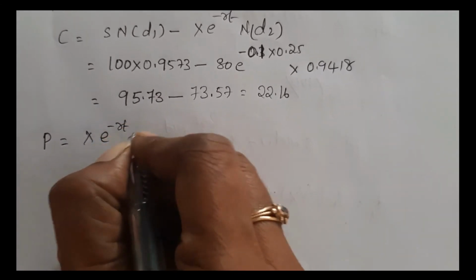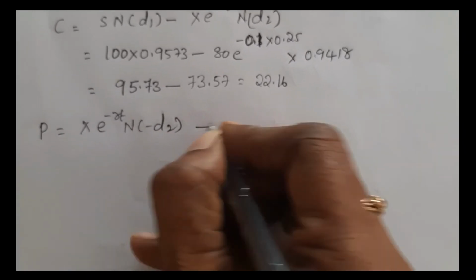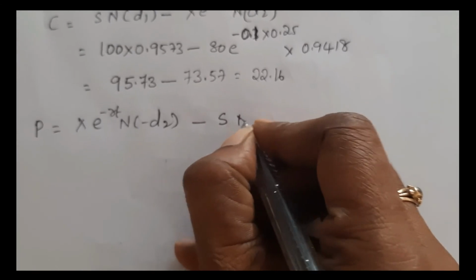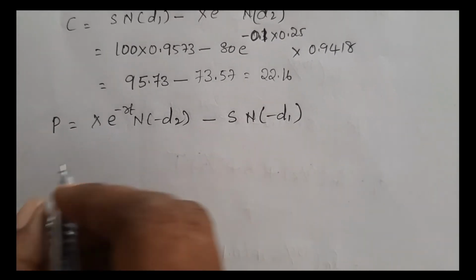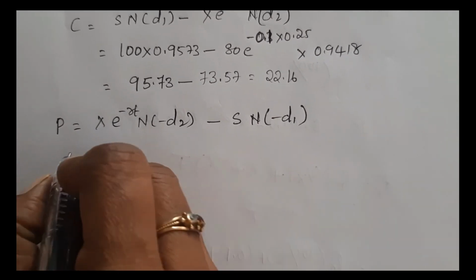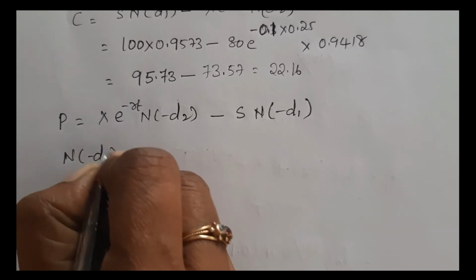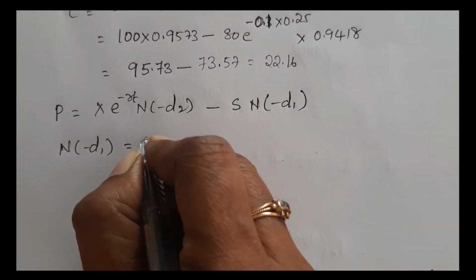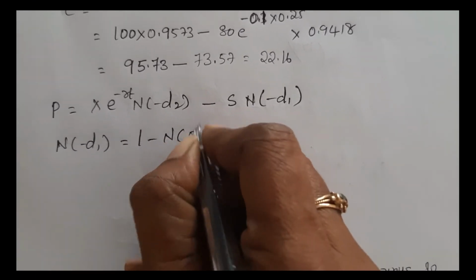Then we need to calculate put option price, wherein P is equal to X e to the power of minus RT N(minus d2) minus S N(minus d1). N(minus d1) is calculated by using the formula 1 minus N(d1).